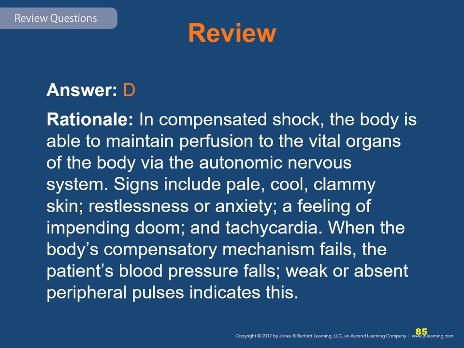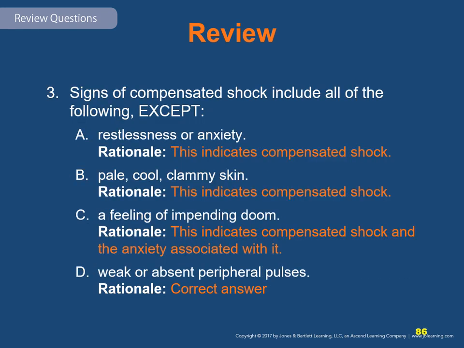Answer is D. In compensated shock, the body is able to maintain perfusion to vital organs via the autonomic nervous system. Signs include pale, cool, clammy skin, restlessness or anxiety, a feeling of impending doom, and tachycardia. When the body's compensatory mechanism fails, the patient's blood pressure falls. Weak or absent peripheral pulses indicate this.